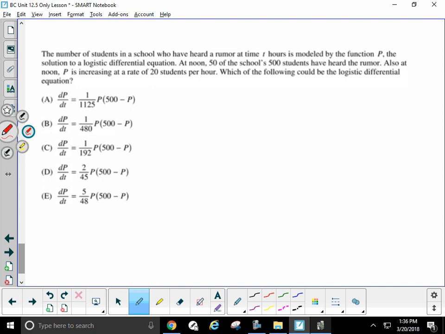How do I find that K? You have a piece of information, you have a P and a dP/dt at a certain time. If you use P and dP/dt at the same time, you can find K.